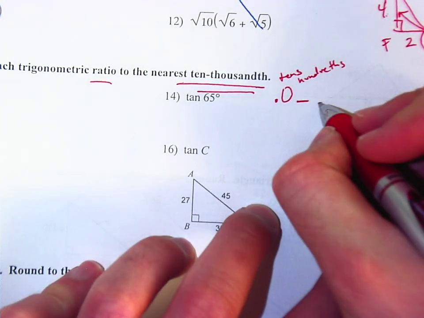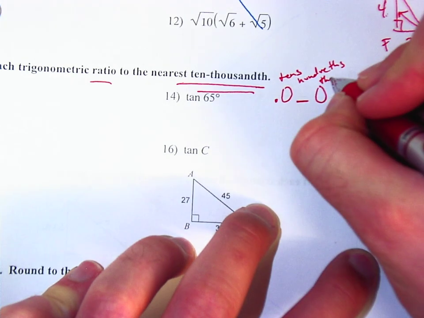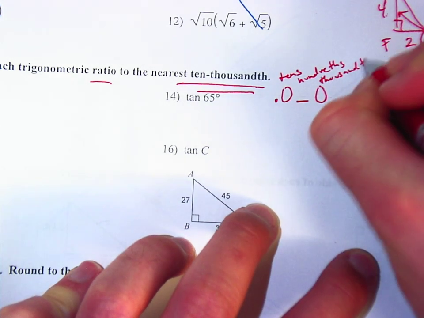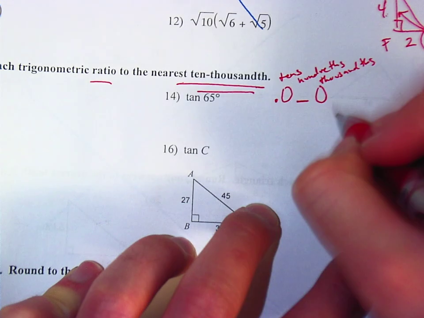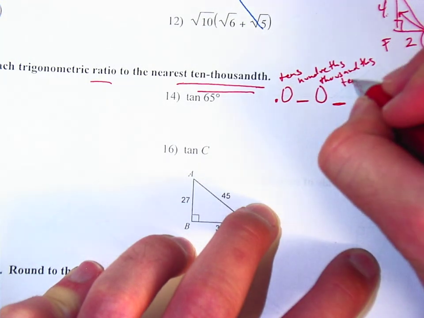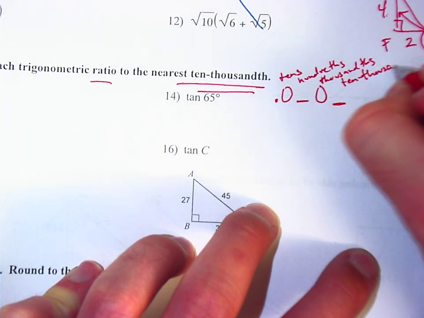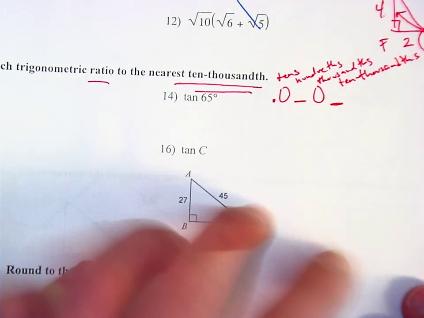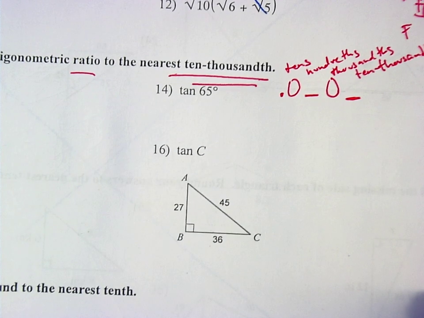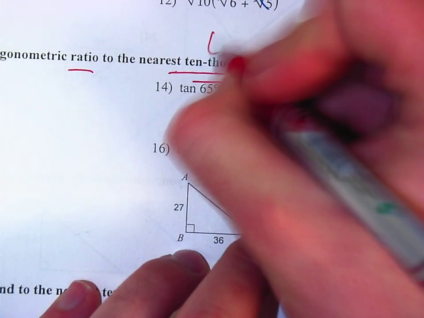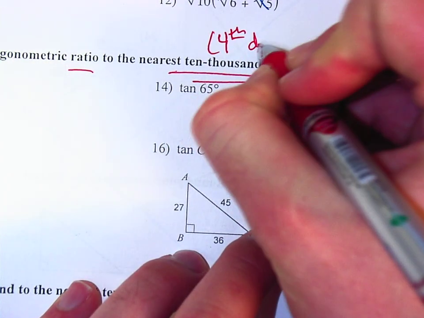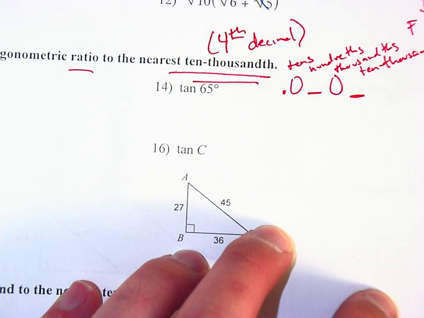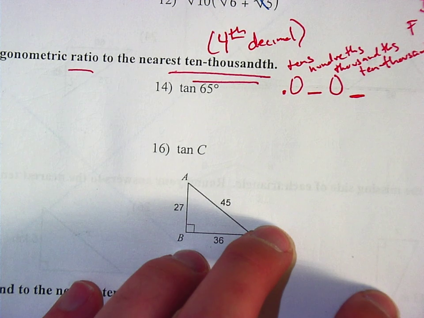Next to it, this is going to be the thousandths. And then right next door to that, that's going to be the 10,000ths. So they want us to round to the fourth decimal place. So this right here, 10,000ths, this is the fourth decimal place. All right, well, we're going to keep that in mind.